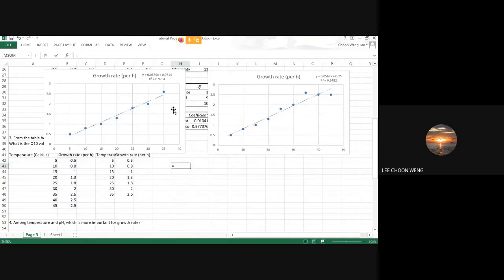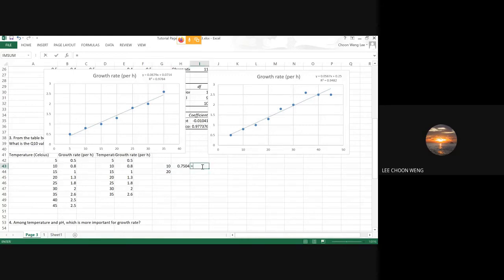So let's just say you're picking 10 degrees and 20 degrees Celsius, so your y, which is your growth rate, if you use this equation, it will be 0.0679 times 10 plus the intercept.